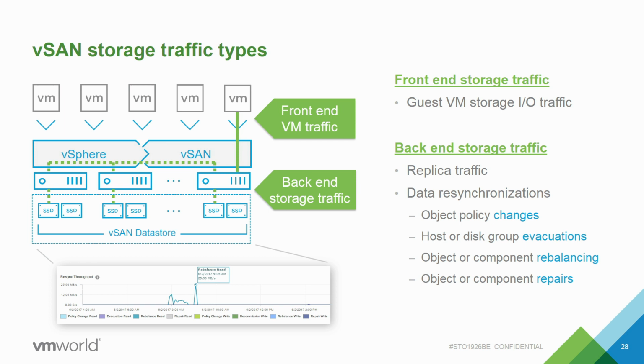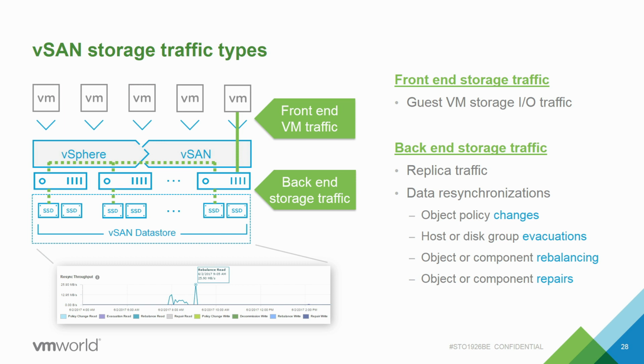That data has to move off of there, in order to meet the performance and protection policies associated with those respective VMs. vSAN will also be very intelligent when it comes to the placement of these objects and the components that make up the objects. So it's going to rebalance the data as it sees fit.